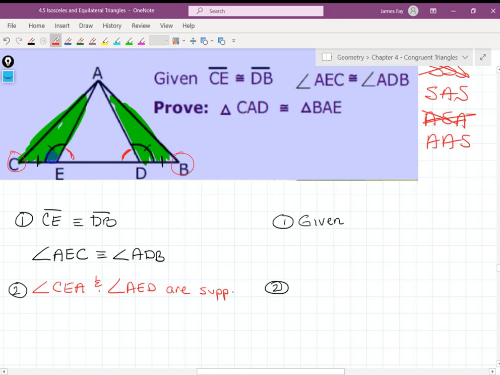Okay, why are they supplementary? What do they form? They're a linear pair. So that was the linear pair postulate.